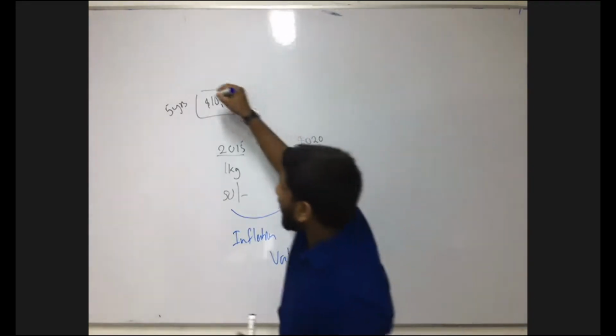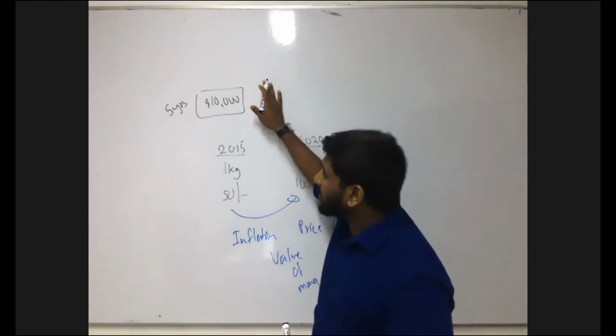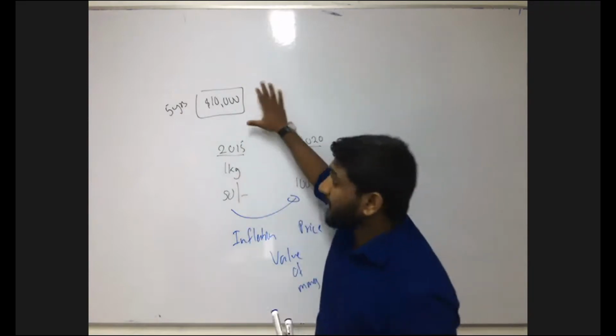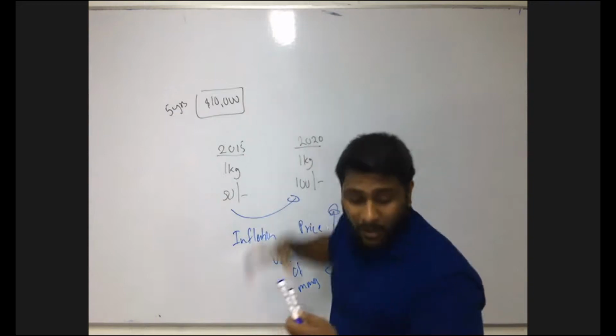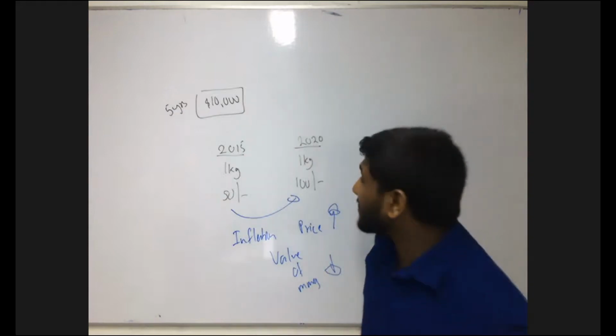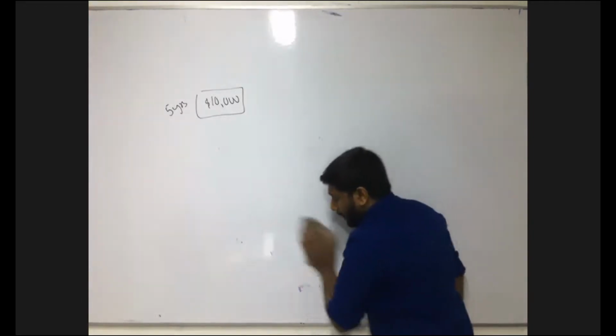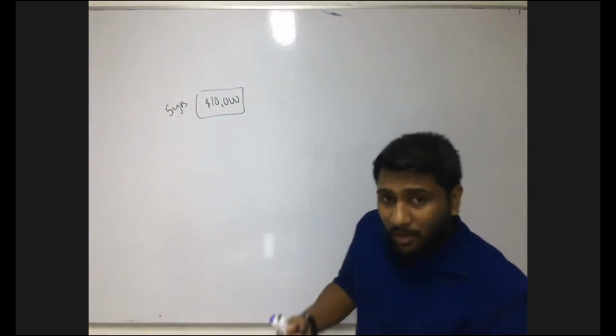Now here I took an example, guys. Yes, you will get 10,000 US dollars in another 5 years time. But guys, in today's term, the value of the 10,000 US dollars is not 10,000. It is something less than that. If you have 10,000 now, the value of the 10,000 is 10,000.